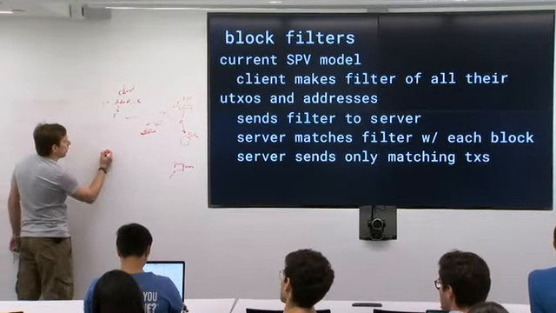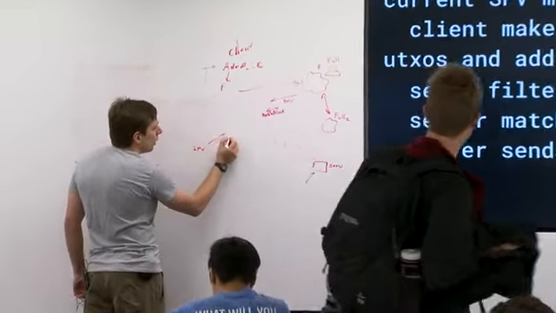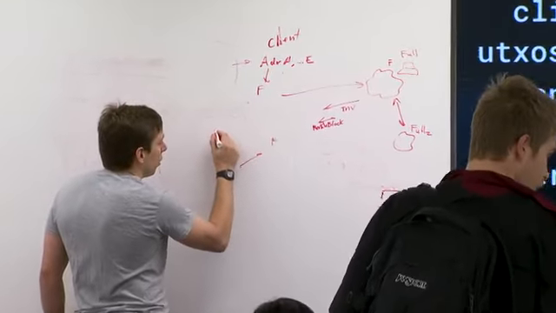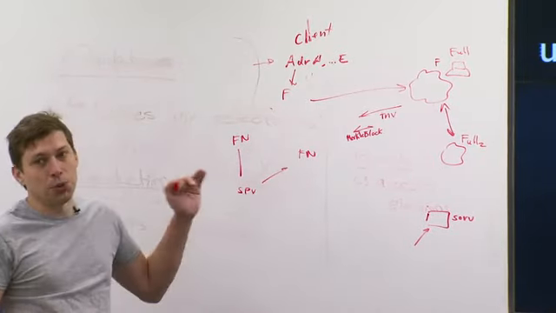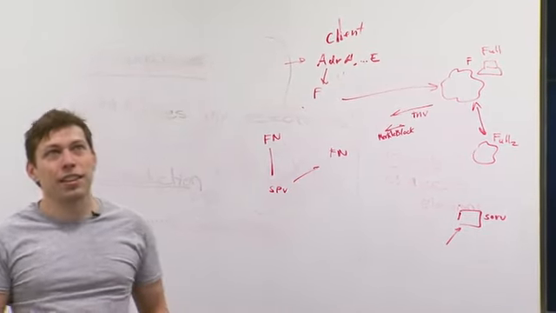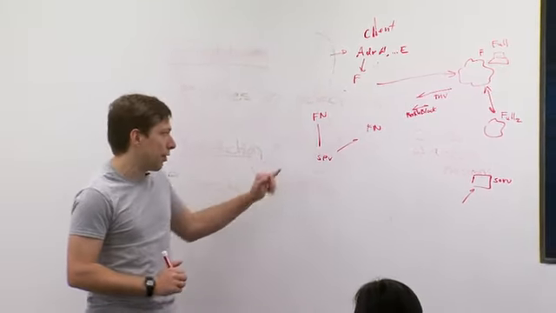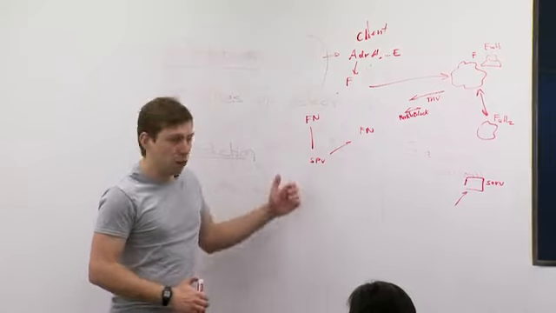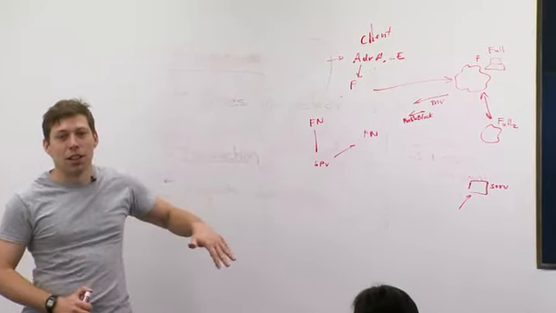Another strategy is, okay, I'm an SPV client. I connect to a bunch of full nodes, and I can give different filters to each one. I think the initial software did this, because you can put some randomness into your different filters. Why did they do this? It actually makes it worse.